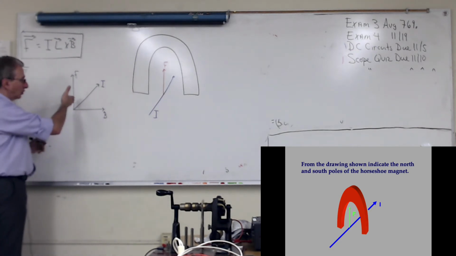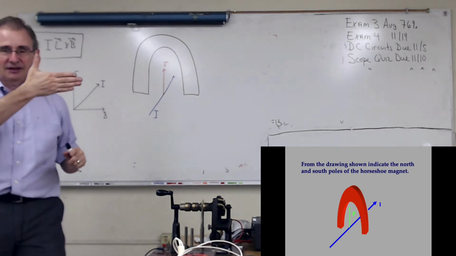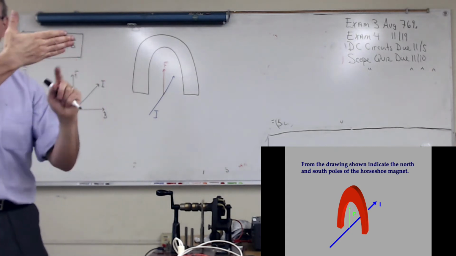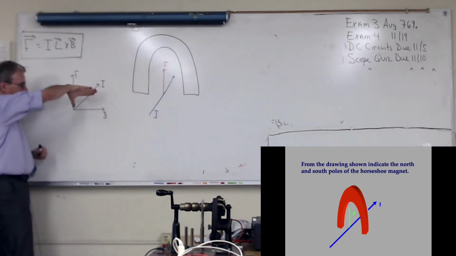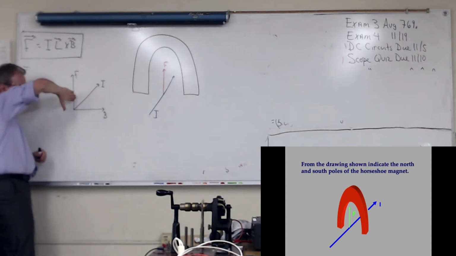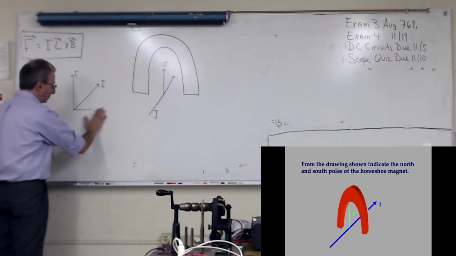And then I have to curl them towards B, but the way my hand is right now, I can't bend my hand this way. I have to turn my hand around. So I'm going to flip my hand over, and now I can curl I towards B. And my thumb points downwards, so that's opposite the direction of this force, so it can't be this.